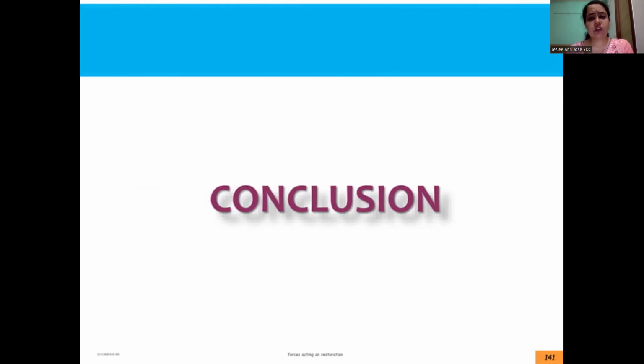So whenever you do a restoration in the oral cavity, please keep in mind the various biomechanics of the tooth and the restorative materials we have. You cannot do a restoration blindly without knowing the biomechanics behind it. When you choose a restoration material, you need to see that it is in synchrony or in alliance with the properties of the tooth which you have removed because of the cavity preparation.